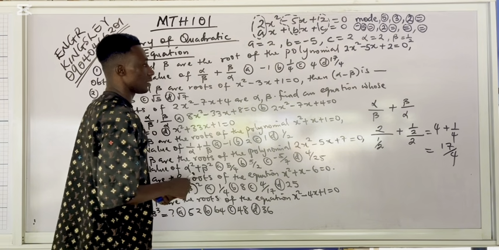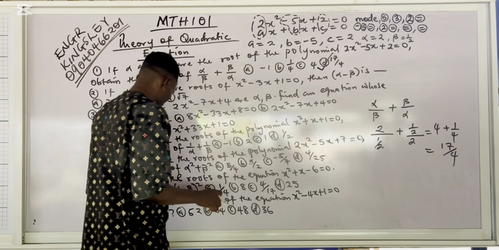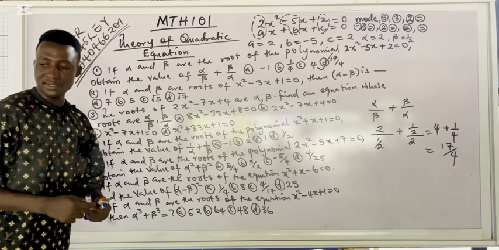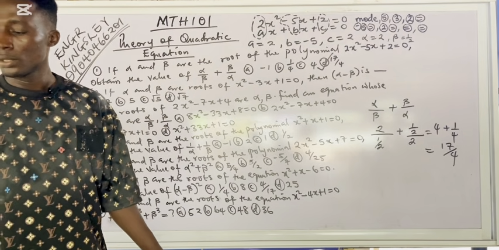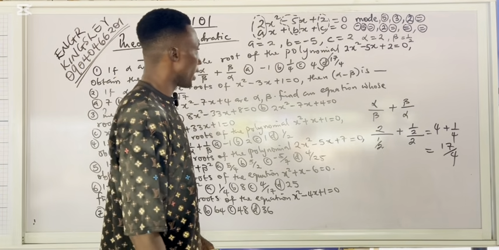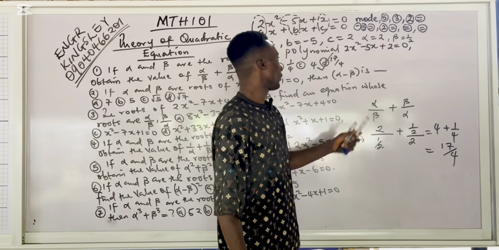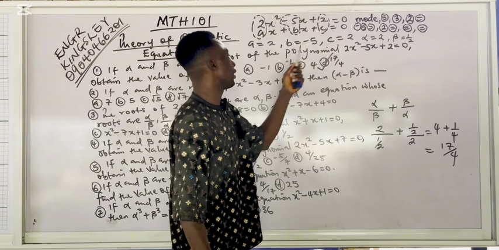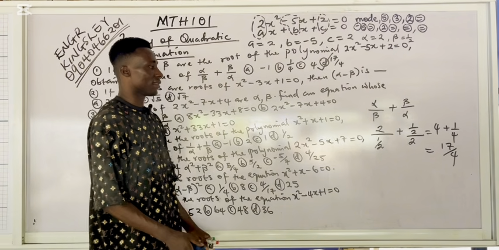If there is something like that in the options, it is option number D. Okay, the easiest way to approach any question on alpha and beta is by getting the value of alpha and getting the value of beta. After getting the values, you go to the question asked, substitute your parameters and get the answer.